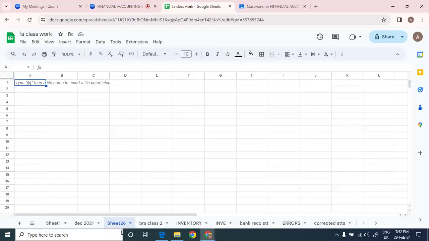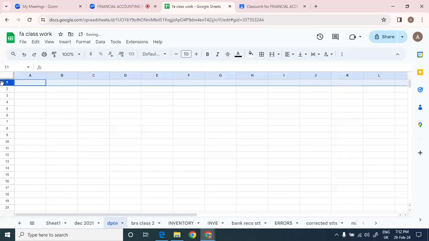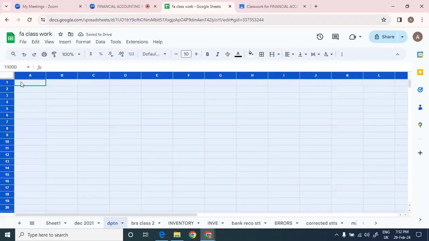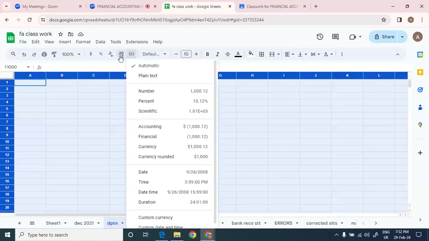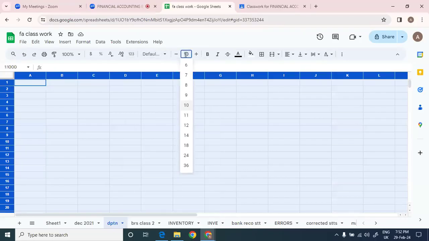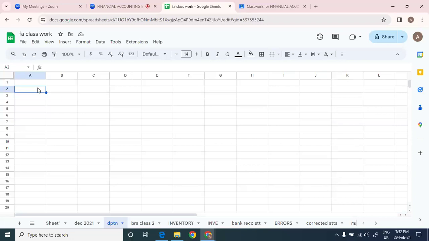Methods of determining depreciation. So at this level, we are going to look at only two examined topics and the techniques they use.